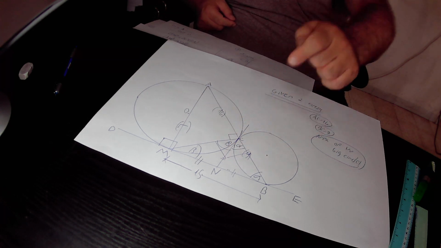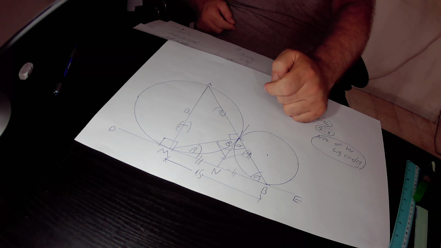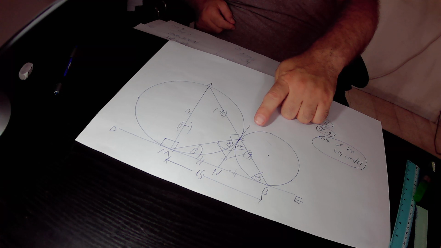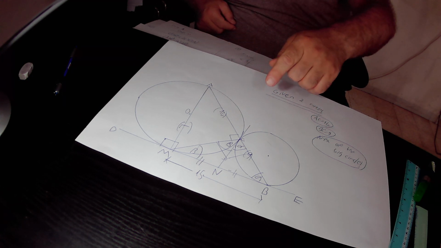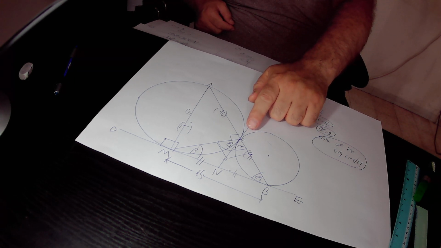This point is point N. CN is a common tangent that belongs to both circles. CN is tangent to the small circle, and CN is also tangent to the big circle. Both points of tangency are located at point C.